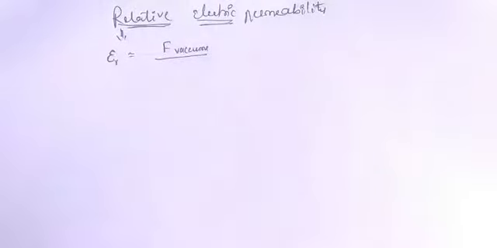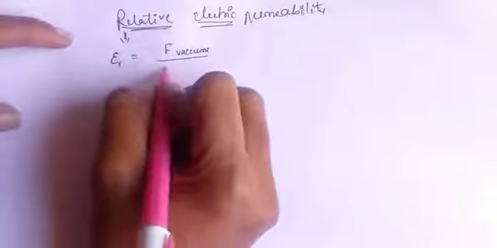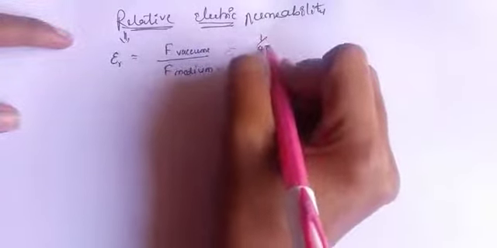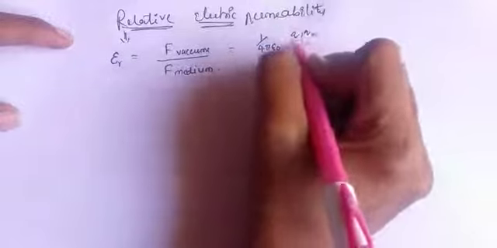Here we are considering two charges. If the two charges are placed in vacuum space, then the force which exists between those two charges is the force in the vacuum, and otherwise the force in the medium. The force in the vacuum can be written as 1 by 4 pi epsilon naught, Q1 Q2 by R square.